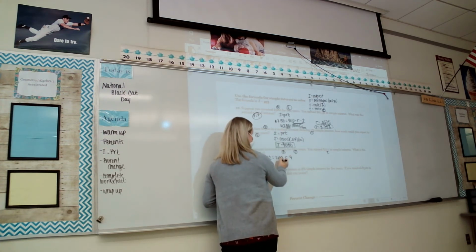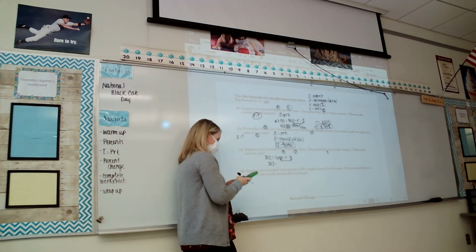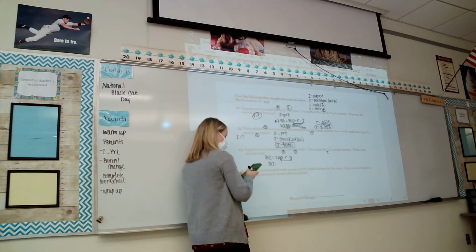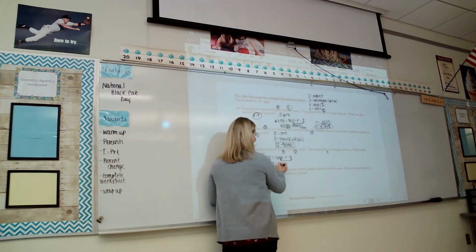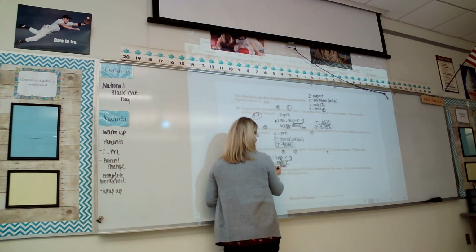Just like in the other one, I can combine those because with multiplication order doesn't really matter. So 2,100 times 4, I can just leave that in order. You use a calculator, make sure you're using it correctly. Equals 8,400 times R, and then I would divide to get R by itself.